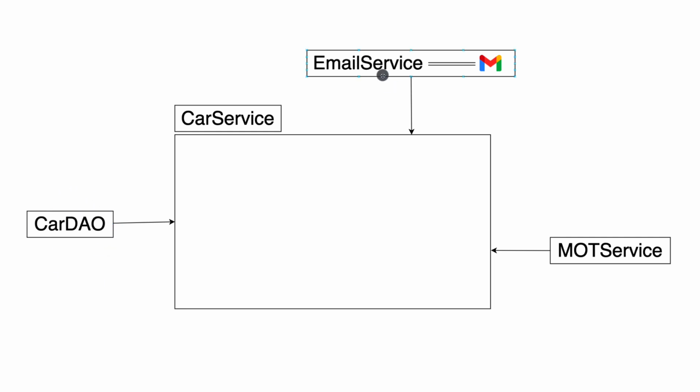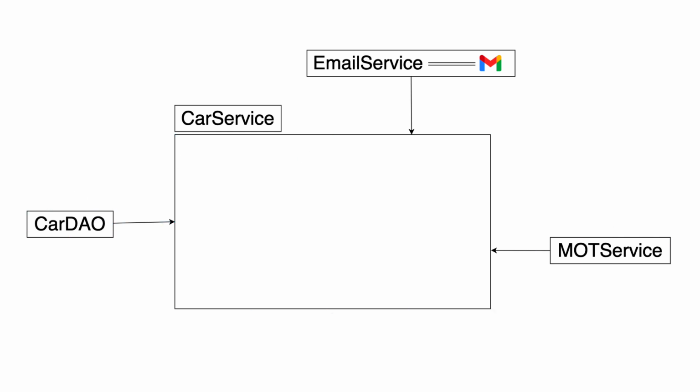And now, for example, if we are testing our application, we can just replace this email service right here, which has a real connection to Gmail, with a fake implementation or even a mock. So we can give it something else. The same with car DAO and the same with MOT service.